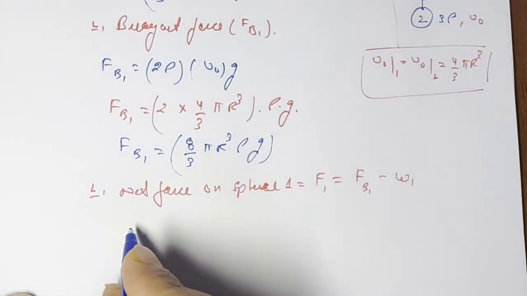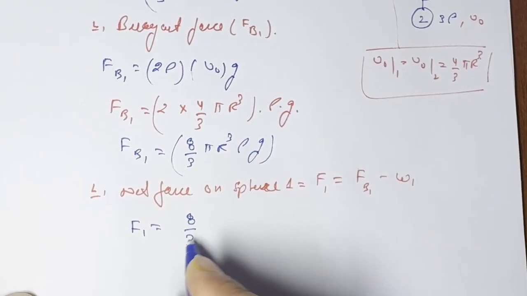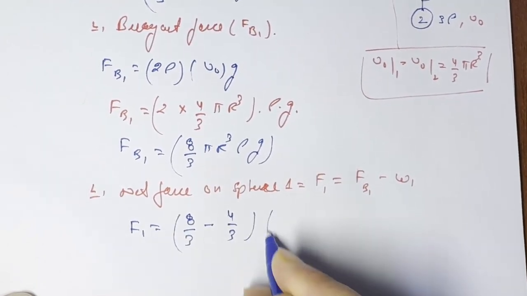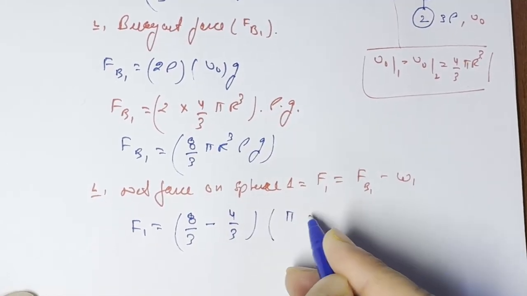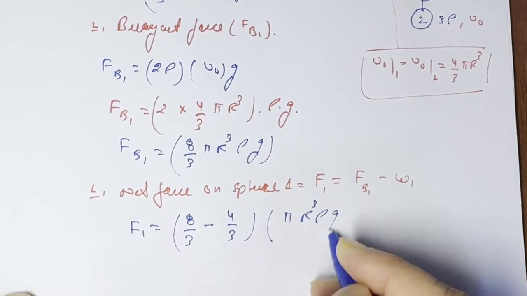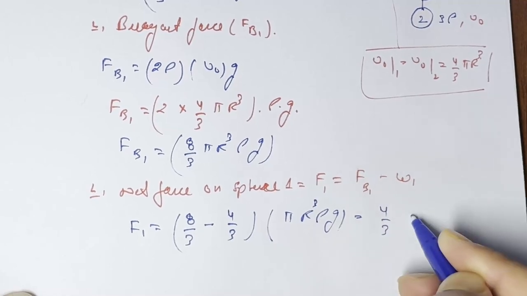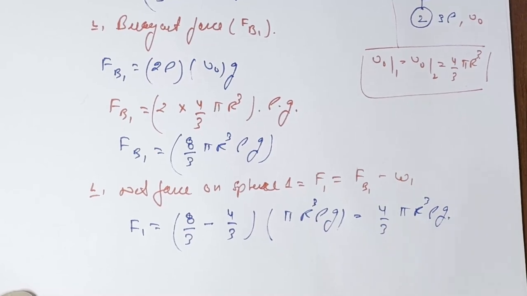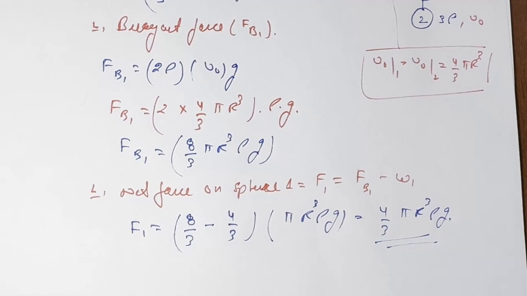Substituting the values, we get F1 equal to 8 by 3 minus 4 by 3, and the rest of the things are common, that is pi r cube, rho and g. This comes as 4 by 3 pi r cube rho g. So this is the net force on sphere 1.